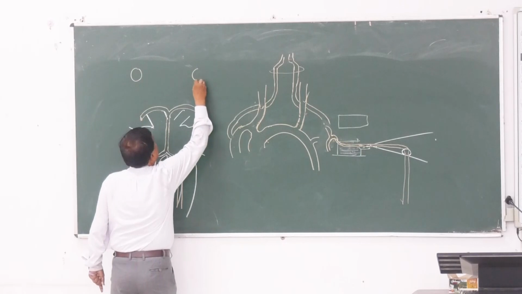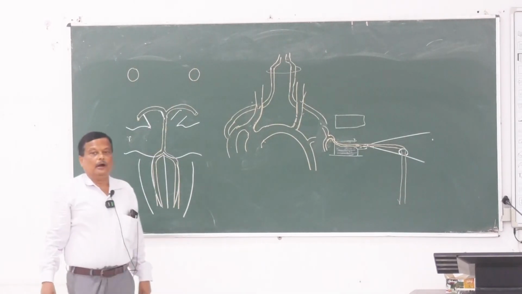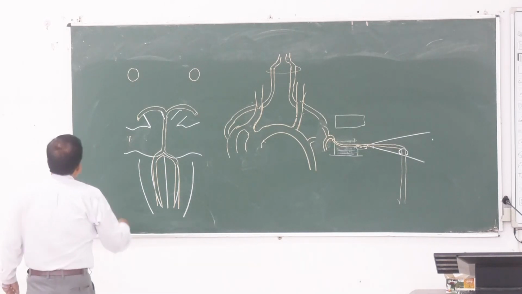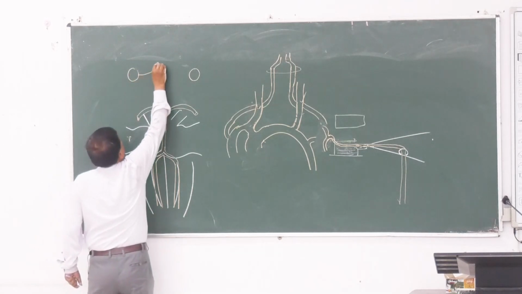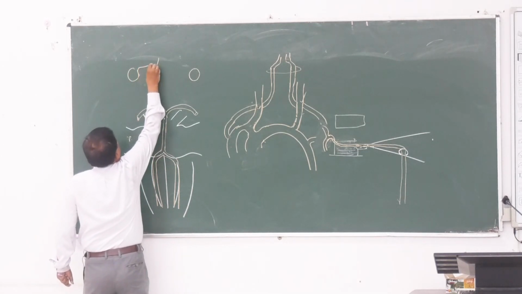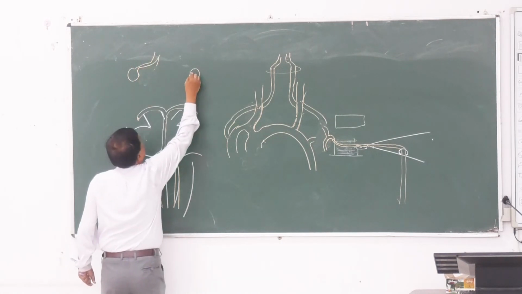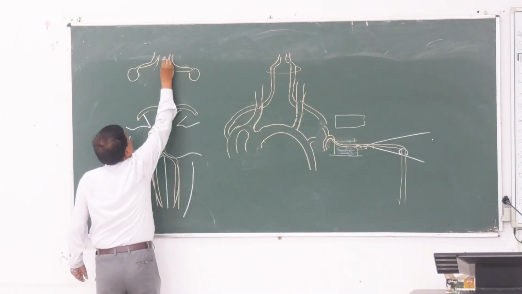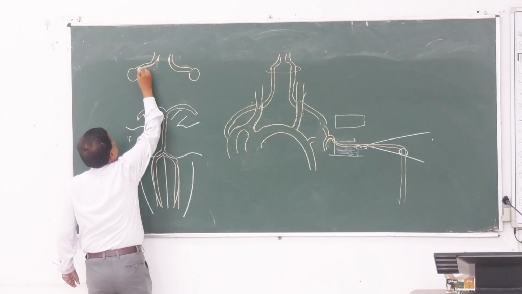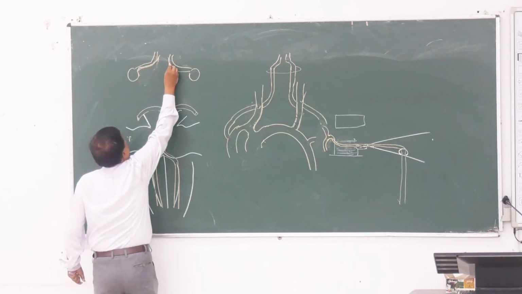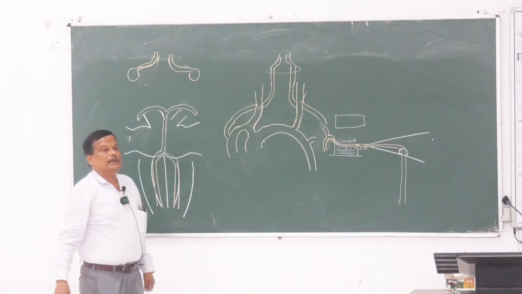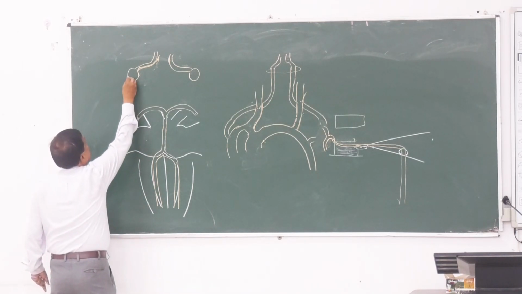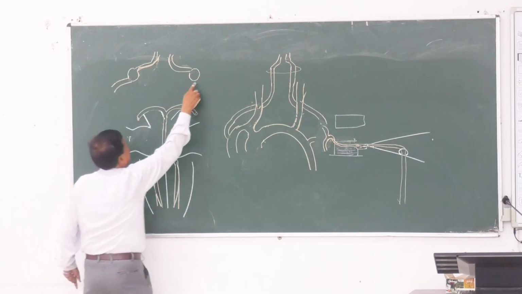One on either side, coming out from the cavernous sinus, a cut section of the carotid artery, and just anteriorly it divides. This internal carotid artery gives the anterior cerebral artery, and another, the largest branch, is the middle cerebral artery.